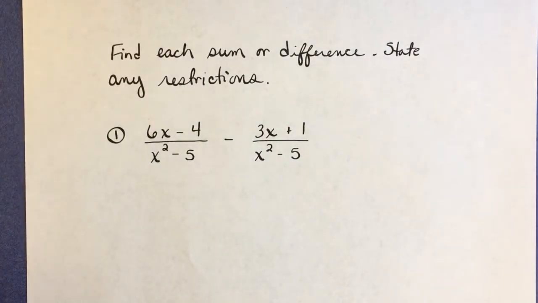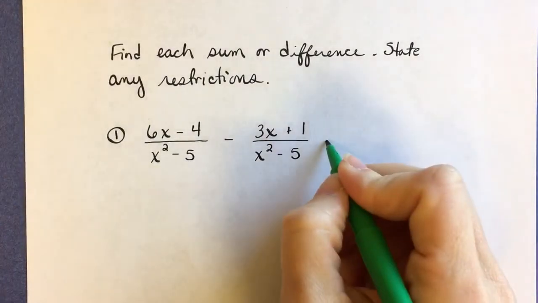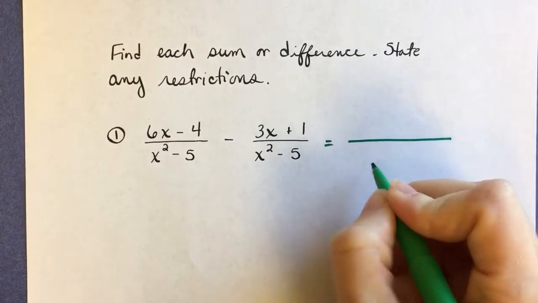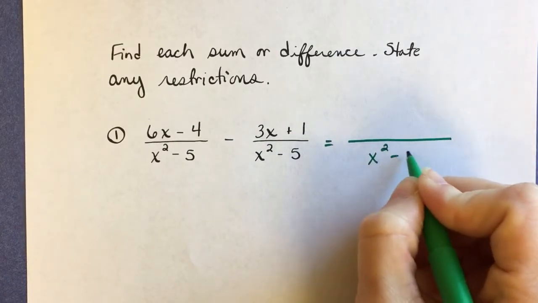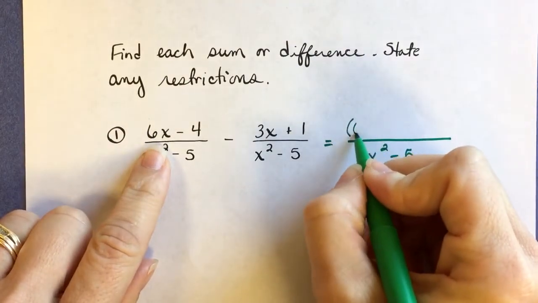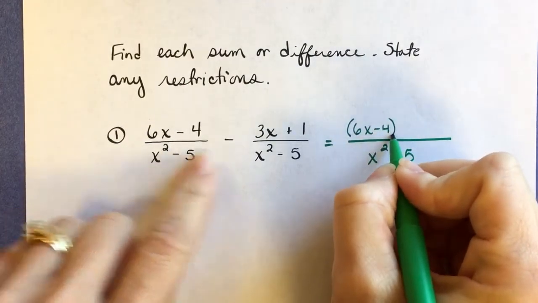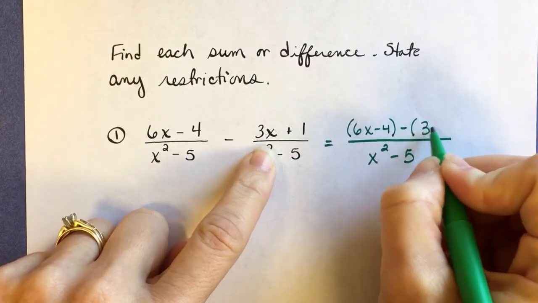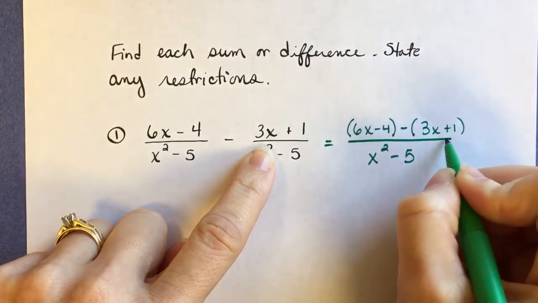So when you go to work this, if you've got a common denominator, that's just going to transfer over. And the only thing that you actually add or subtract is going to be your numerators. Okay, so I have the 6x minus 4 minus 3x plus 1.